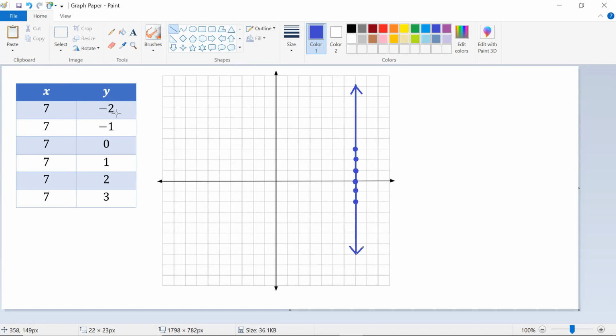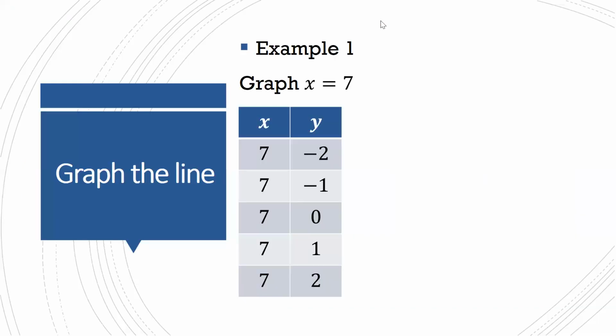So I just simply pick a bunch of y values. X values have to always be 7. That gives me a vertical line. And that's it. So that's how we do the line x equals 7.